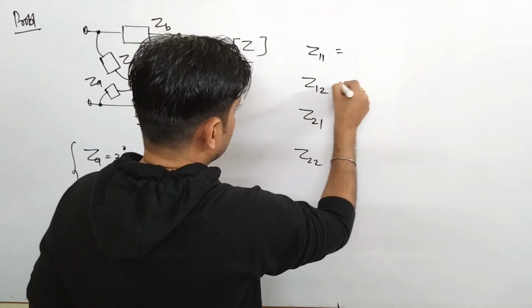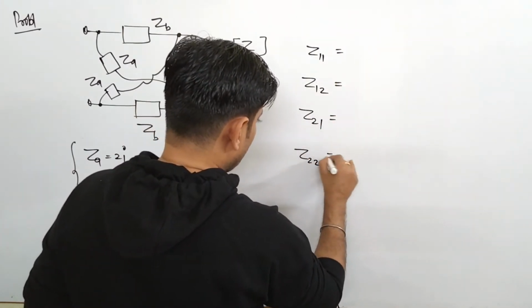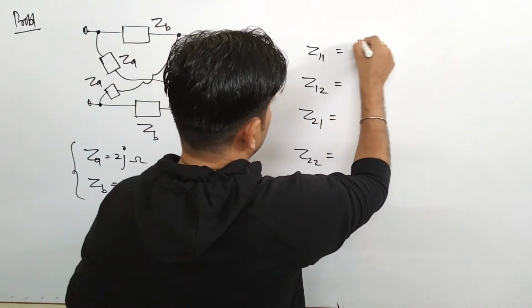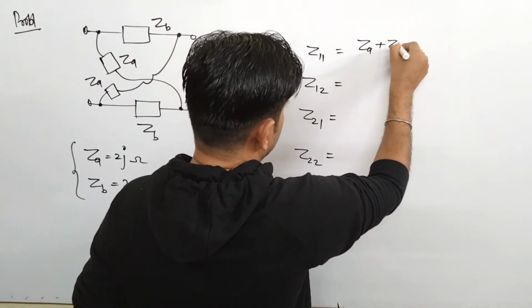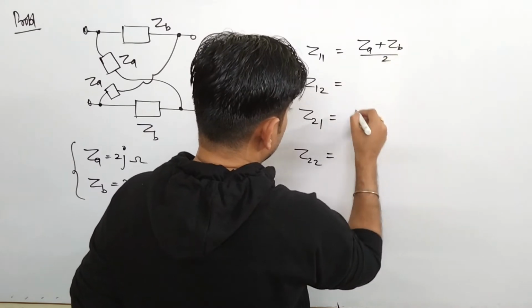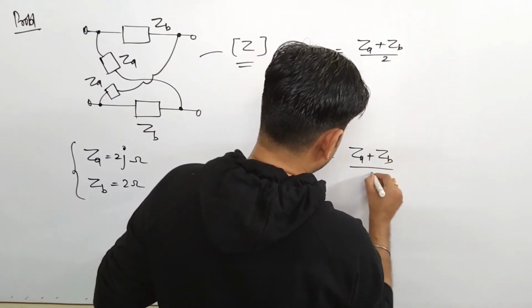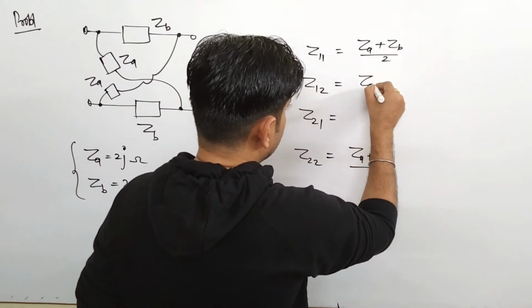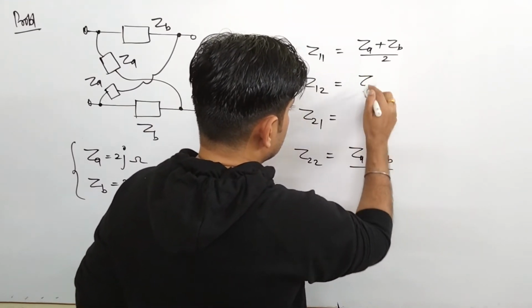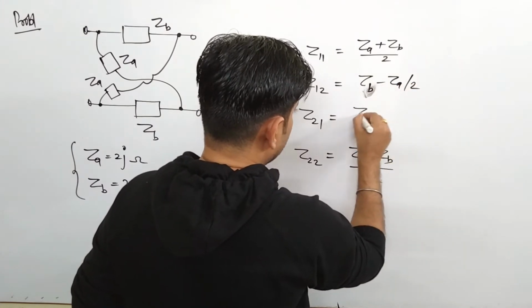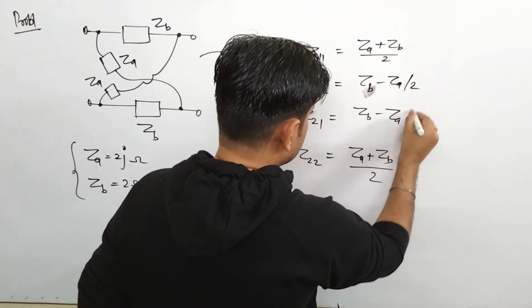So if you remember, with ZA and ZB, the port parameters were (ZA plus ZB) upon 2 and (ZA plus ZB) upon 2, and here (ZB minus ZA) upon 2 and (ZB minus ZA) upon 2.